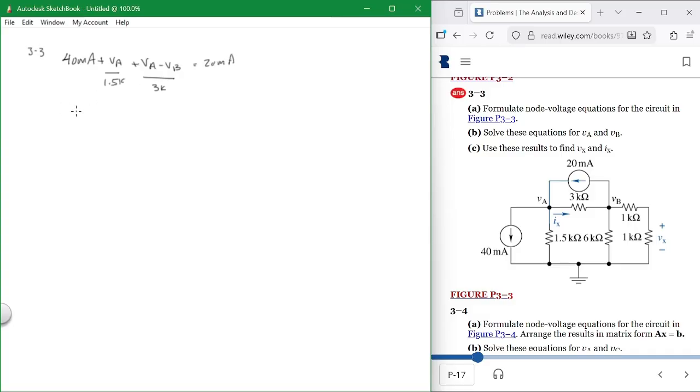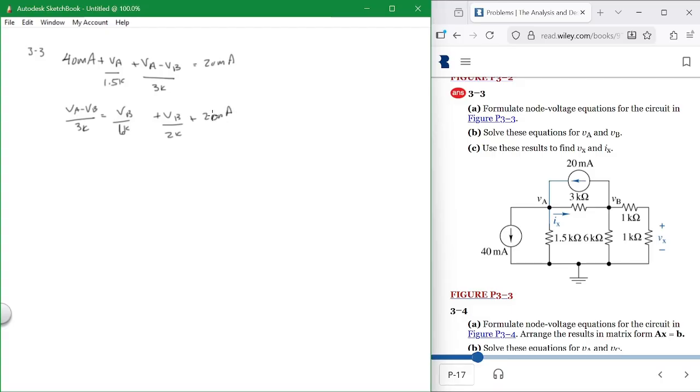The other one is current going in: VA minus VB over 3K is equal to, current going in is equal to VB over 6K, which is that guy right there, plus VB over 2K plus 20 milliamps.